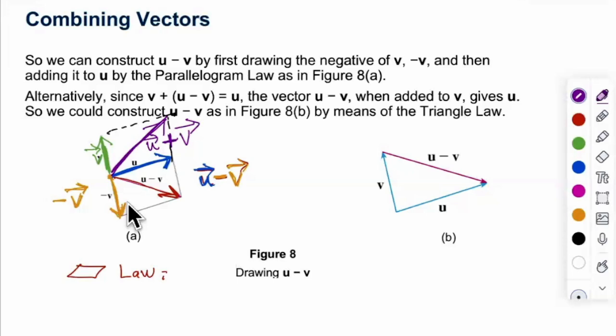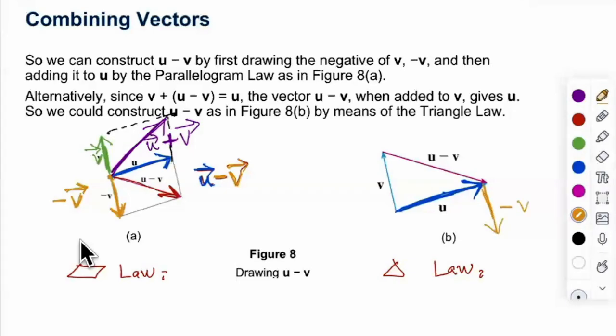How about we use the triangle law over here? We start with the vector u, and v goes this way, but then I'm going to do the opposite of v, that will be this way.